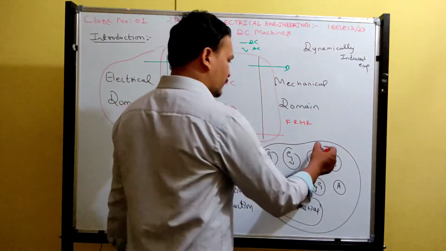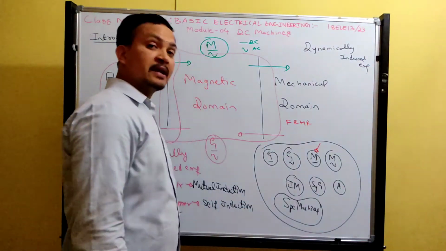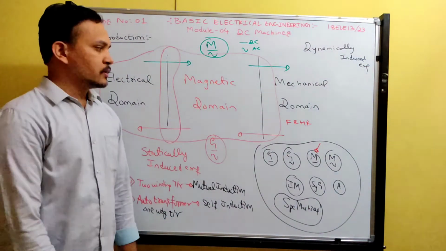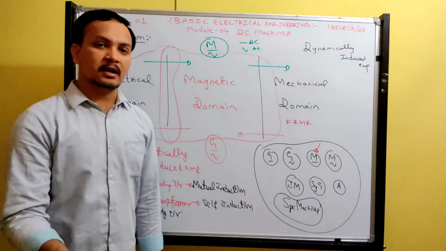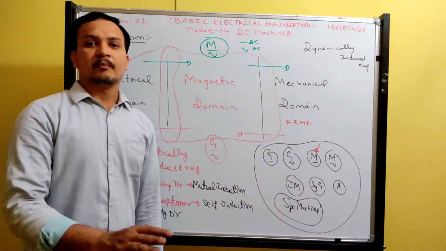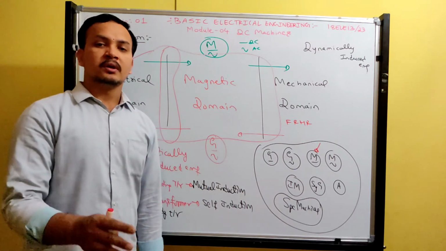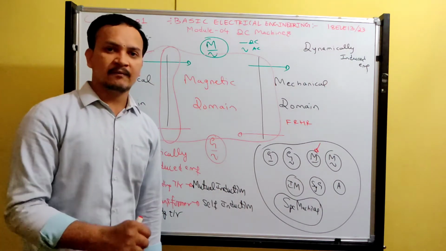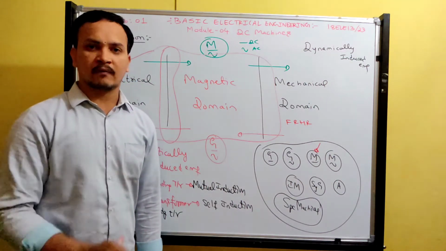Similarly, in the case of a motor, what do you mean by motor? Electrical to mechanical. Whenever a current carrying conductor is placed in a magnetic field, it experiences a mechanical force due to interaction of the two fluxes. What are those two fluxes? The main flux and the current carrying conductor flux.